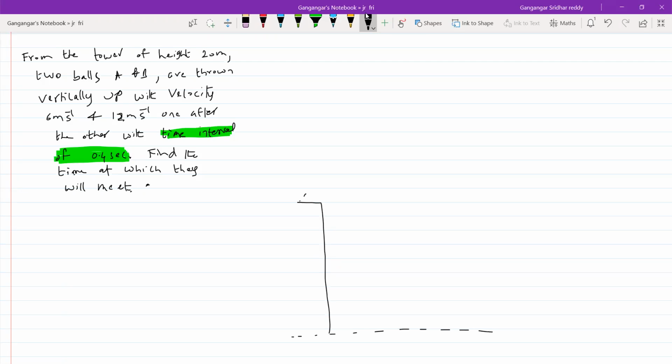So first ball A, I'll throw it, UA, I'll call it. So at what time? Say t equal to 0. Now you can construct a small diagram. It will help you a lot. This is the height of the tower, 20 meters. Then t equals 0. Then when the ball B will be projected?